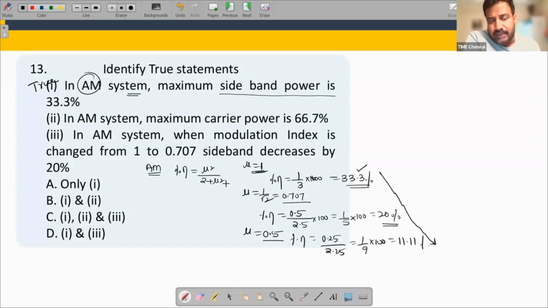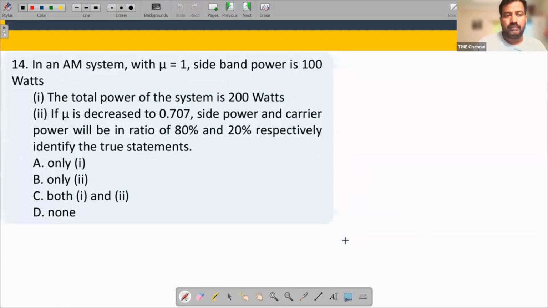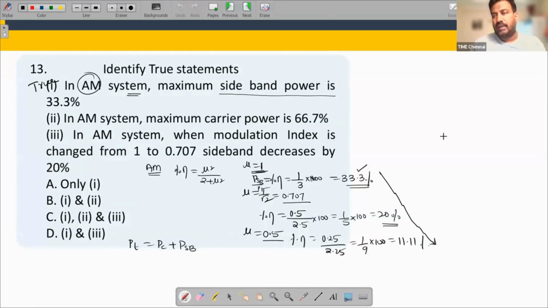How about the second statement? Now, if you see carefully, total power is carrier power plus sideband power. You know, eta is sideband power by total power. So if you analyze, let me write it here.